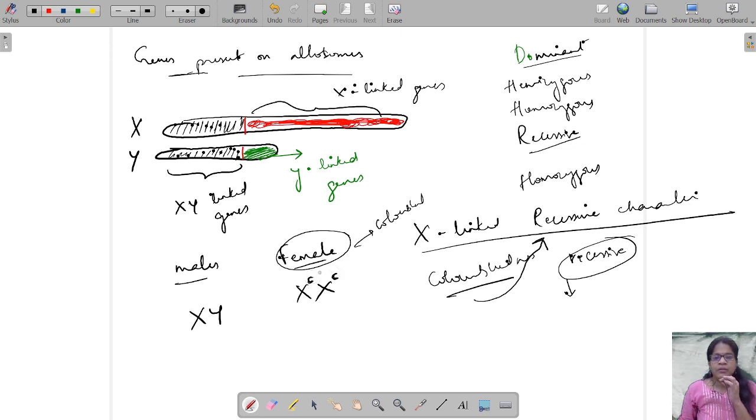So this is a color blind woman because the recessive gene is present on both the chromosomes. If it is like this, this is a dominant gene, but this dominant gene doesn't express color blindness. This is the one which expresses color blindness. Please understand the topic. This is a color blind woman.